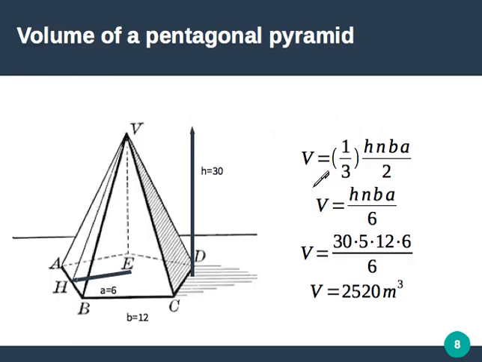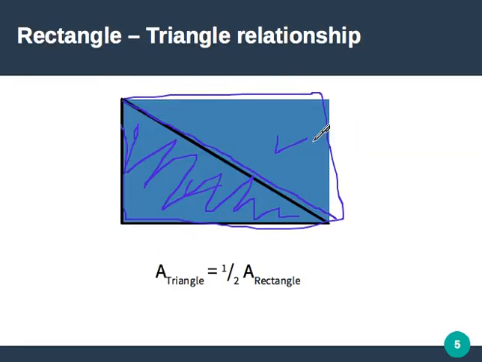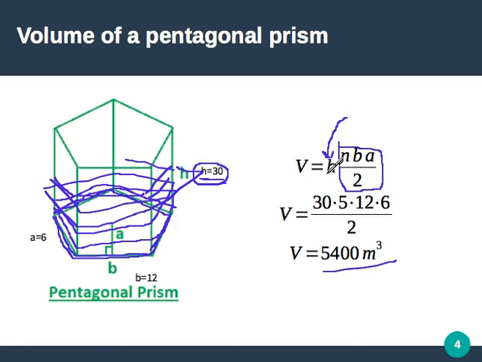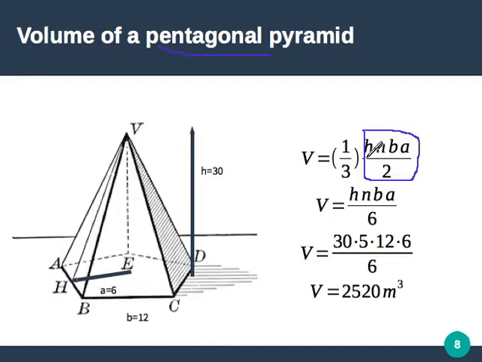Alrighty, so that means that if you want to get the volume of a pentagonal pyramid, you got to do the same thing as before. That's what you did in the previous slide over here. It's this formula: the height times the number of sides times the base times the apothem divided by 2. But now you gotta also divide everything here by 3.